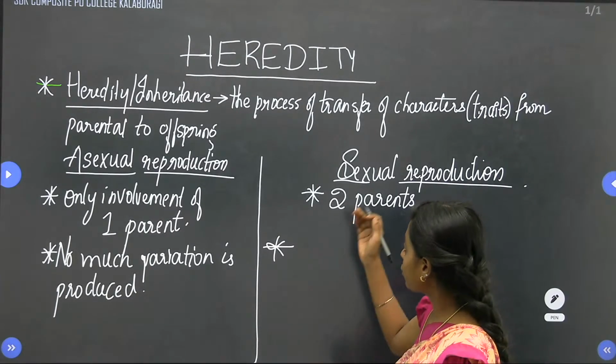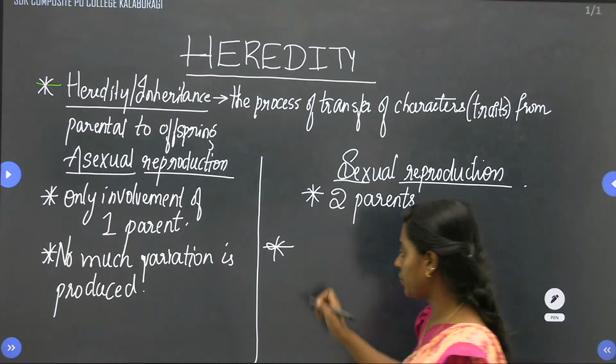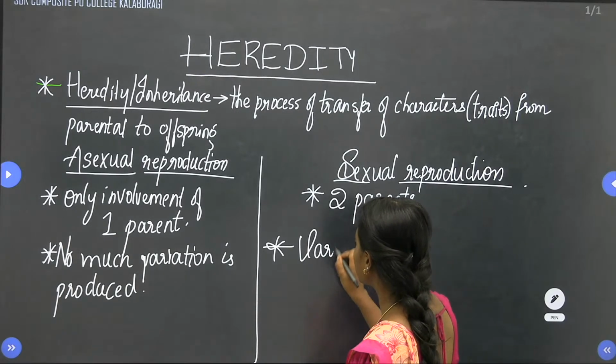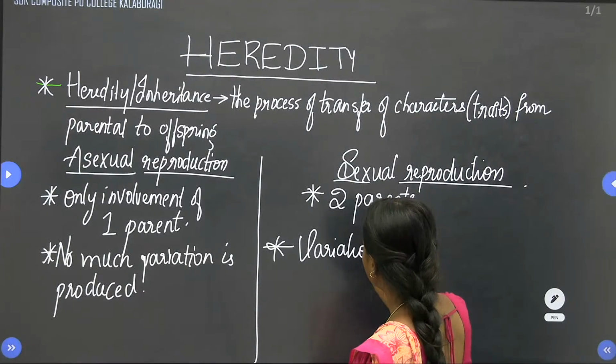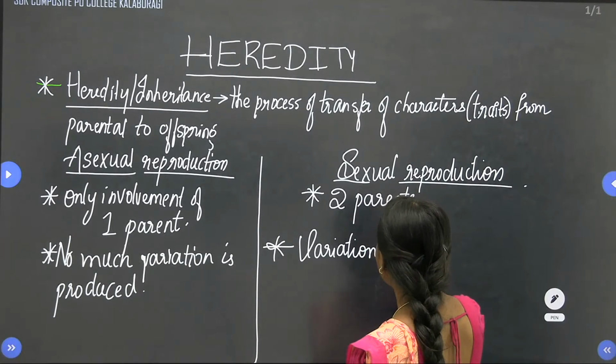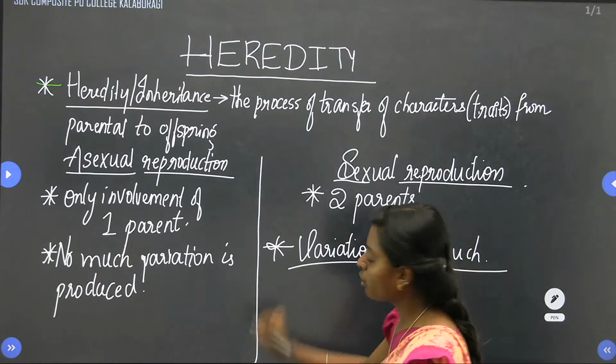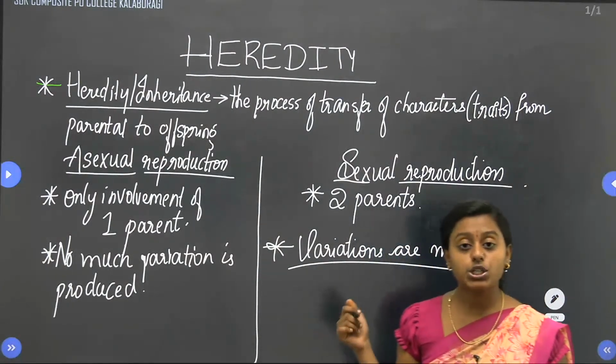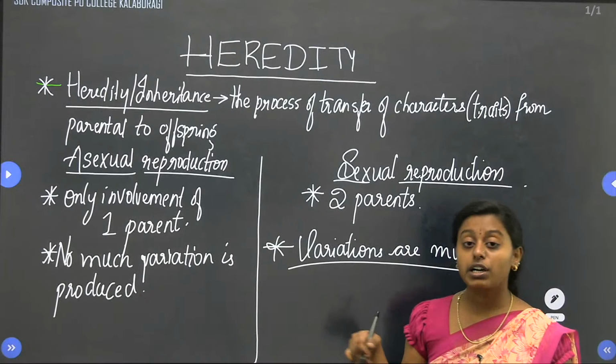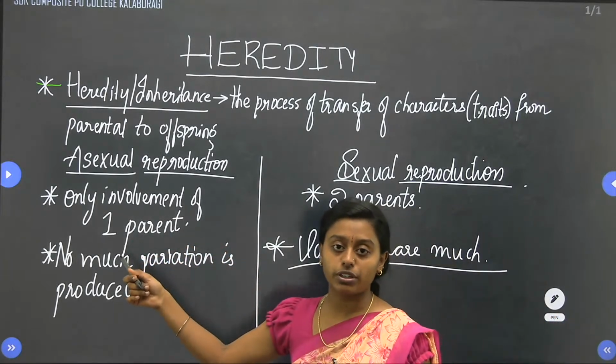So in case of sexual reproduction, much more variation can be observed compared to asexual reproduction.